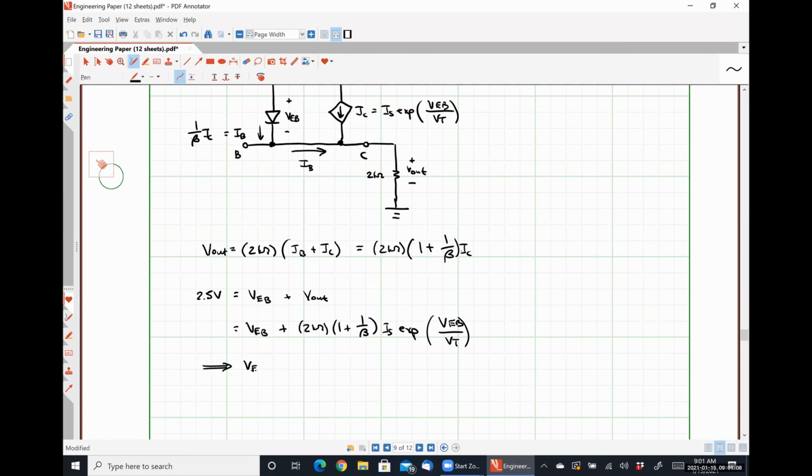So solving this gives us VEB is equal to 805.016 millivolts, which in turn gives us a collector current of 839.101 microamps.